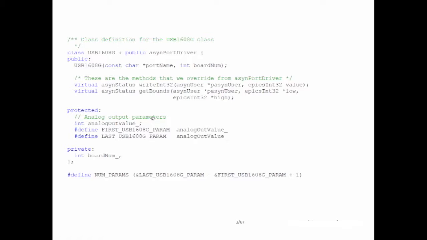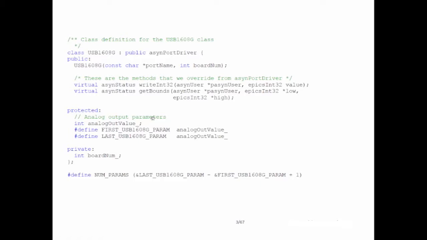Okay, so this is now from the header file for this driver. We're defining a new class here, USB1608G, which is derived from asynPortDriver, and it's got 3 public functions. The first is the constructor, which takes 2 arguments, the name of the port you're creating and the board number.